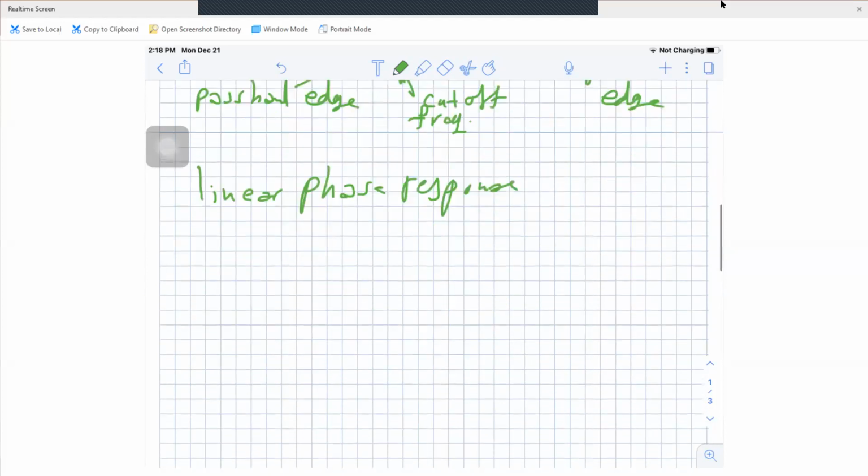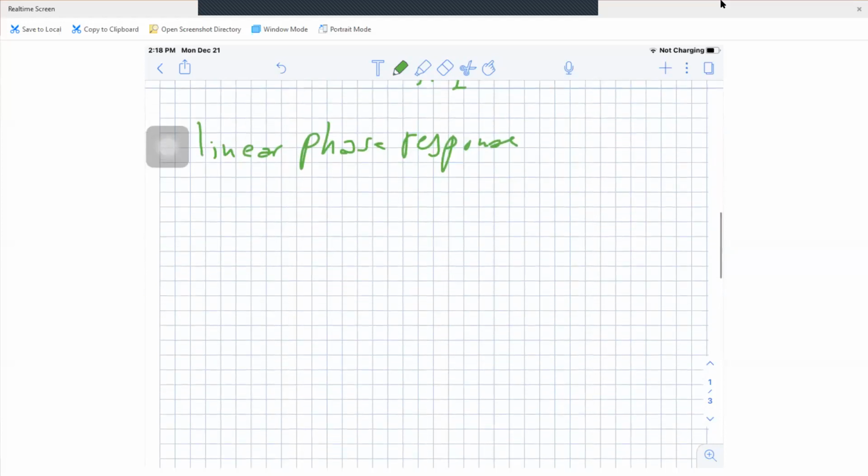Now, linear phase response. Can anyone tell me what do you mean by linear phase response? Can anyone tell me what do you mean by linear phase?